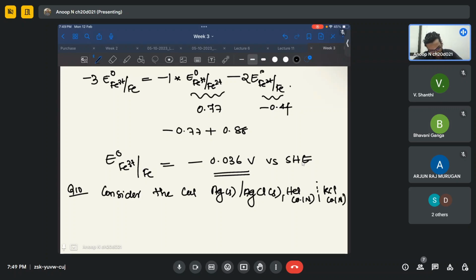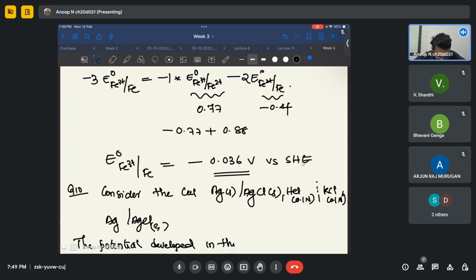Sorry, I'm writing the next line, comma, Ag bar AgCl solid. The potential developed in this cell is dash.